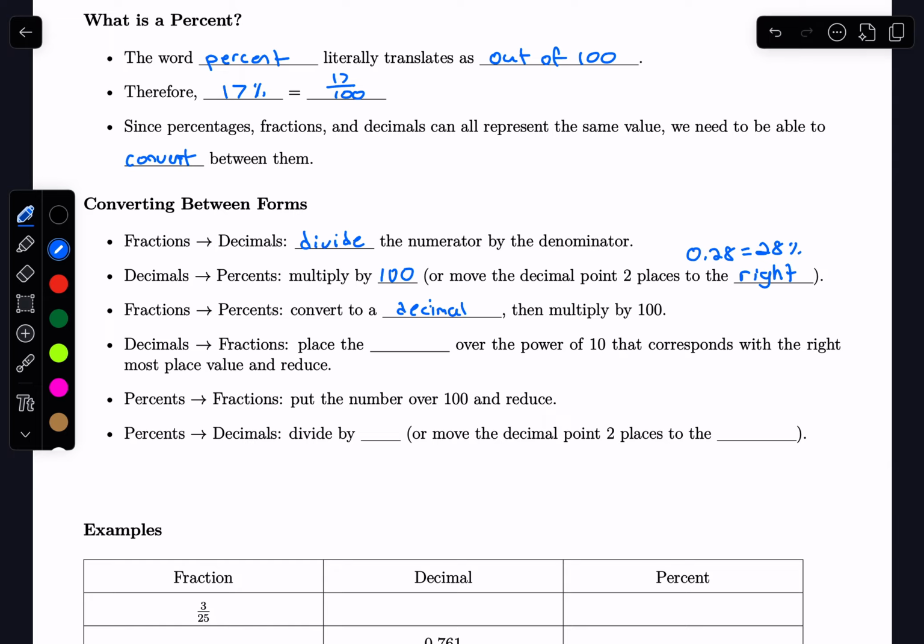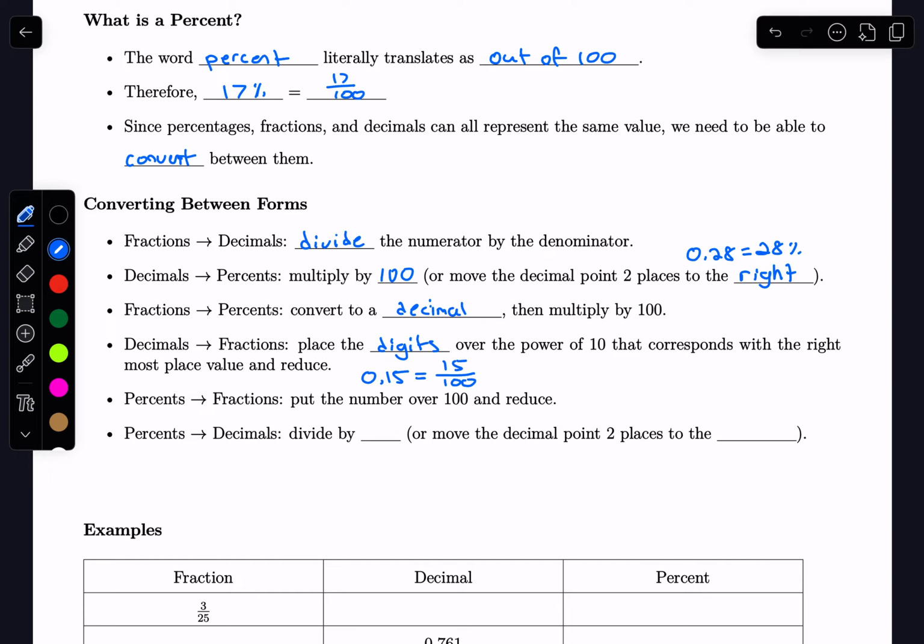If we want to go from decimals to fractions, we have seen how to do this already. In our decimals lesson, we learned how to name decimals. So what we do is place the digits of the decimal over the power of 10 that corresponds with the rightmost place value and reduce it. So for example, we know that 0.15 is pronounced as 15/100ths. So we take the digits 1 and 5 and we write them over that power of 10 that represents the place value.